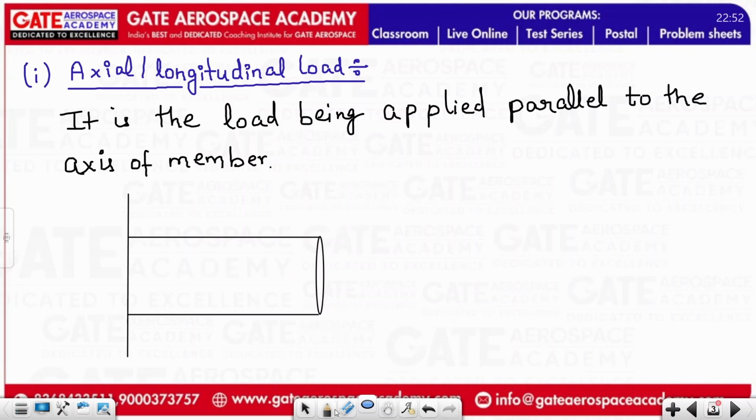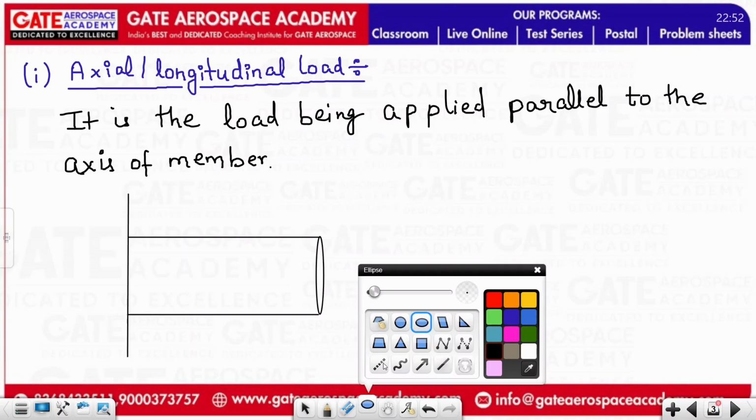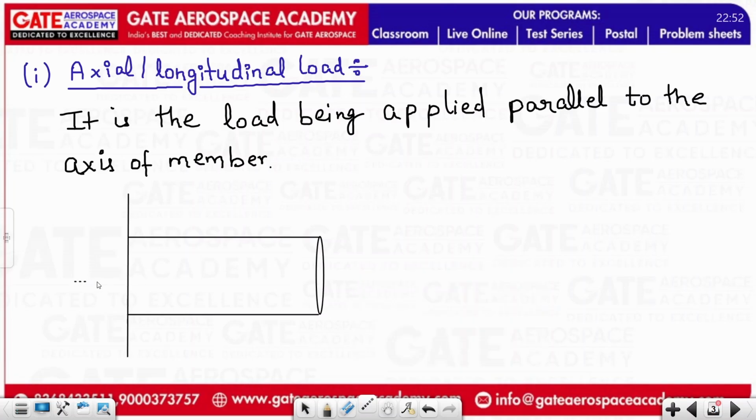Okay, and now we are applying the load. This will be your longitudinal axis.